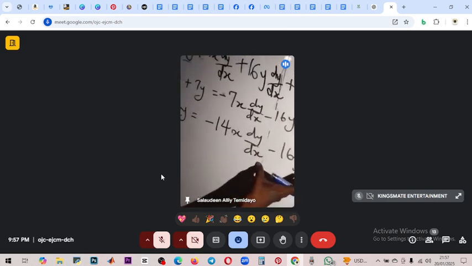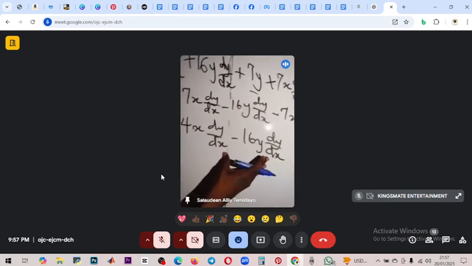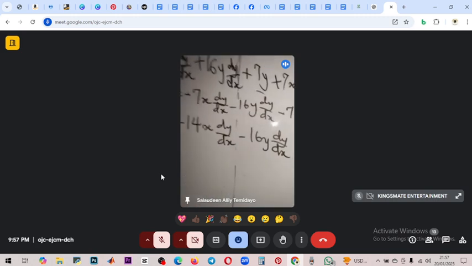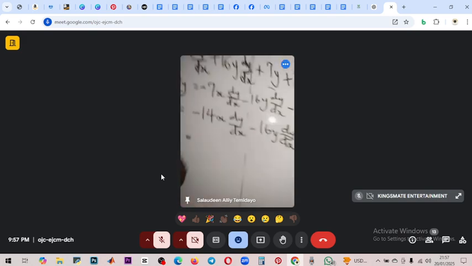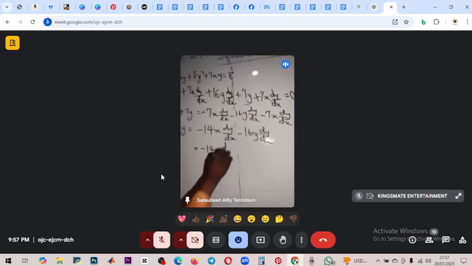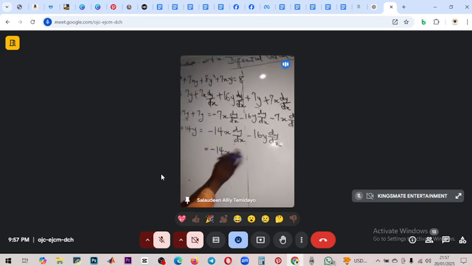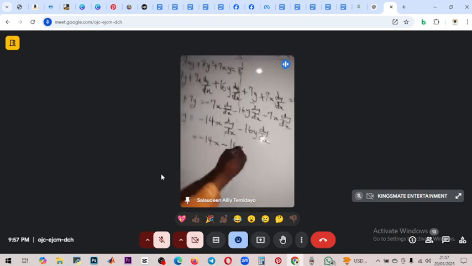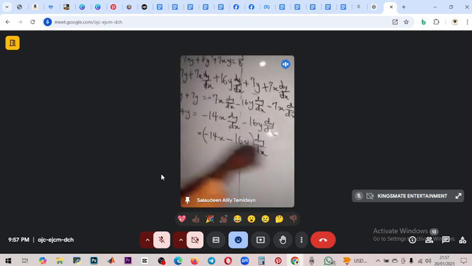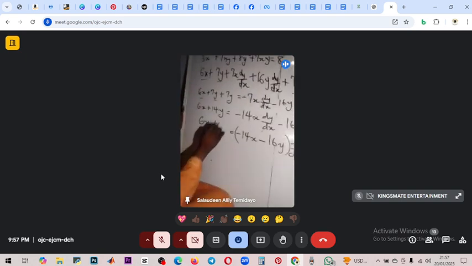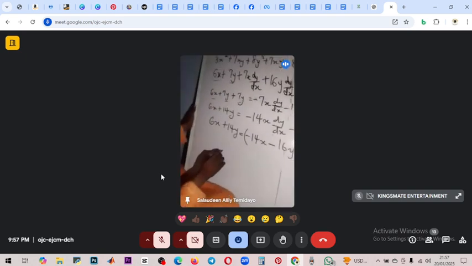Now you bring dy dx out as a common factor. So minus 14x minus 16y, times dy dx, is equal to 6x plus 14y.